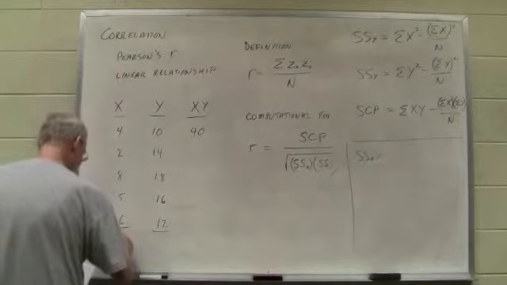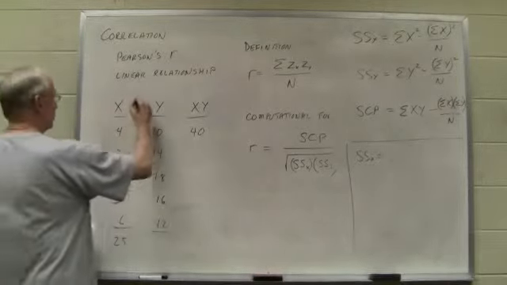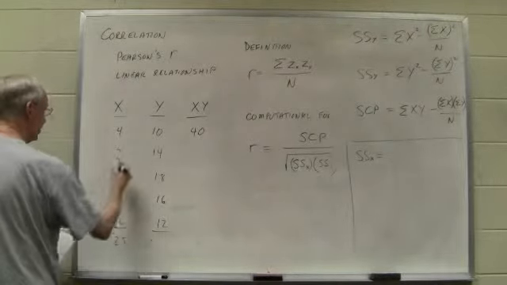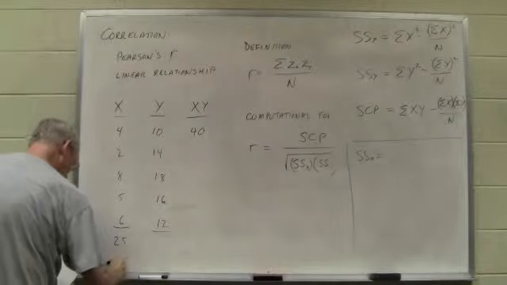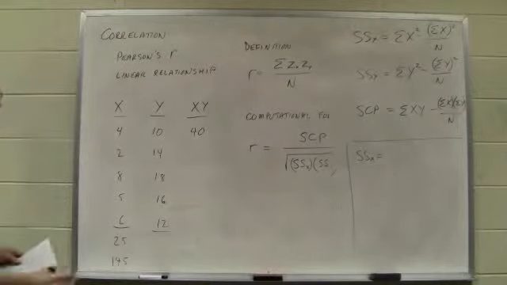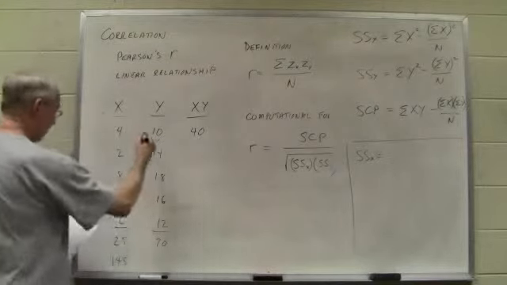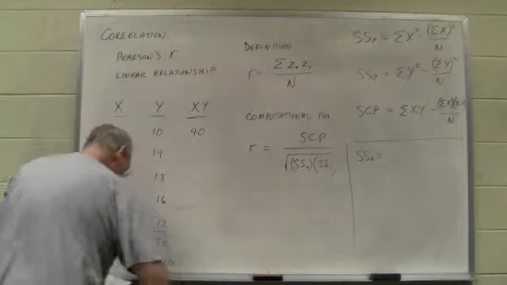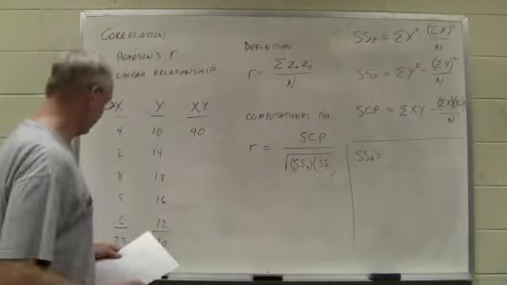For the sum of all the x's, we get 25, and if we take all the x squares, we get 145. If we take the sum of all the y's, we get 70, and if we take the sum of all the y's squared, we get 1020. So we'll deal with those first.